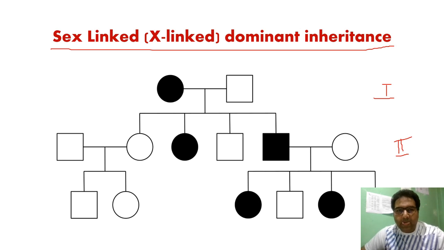Affected males come from affected females, and approximately 50% of the children of an affected heterozygous mother are affected. 50%.